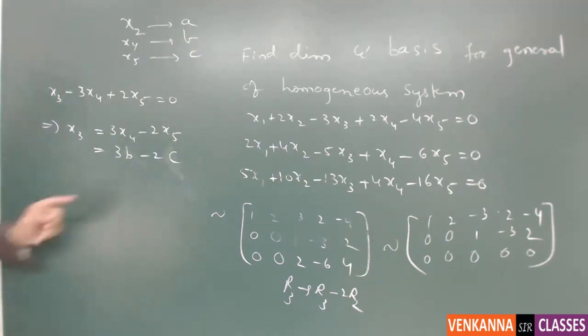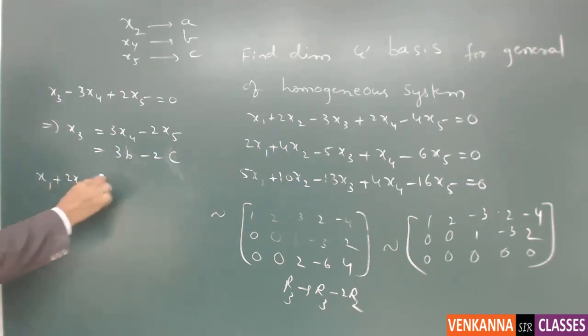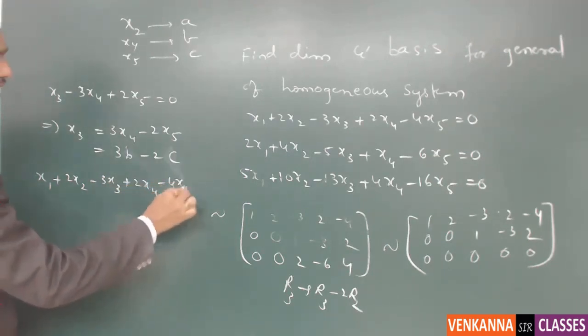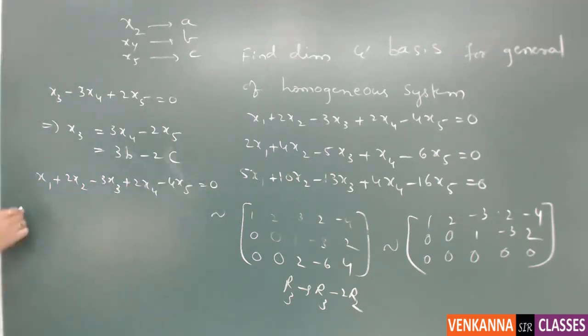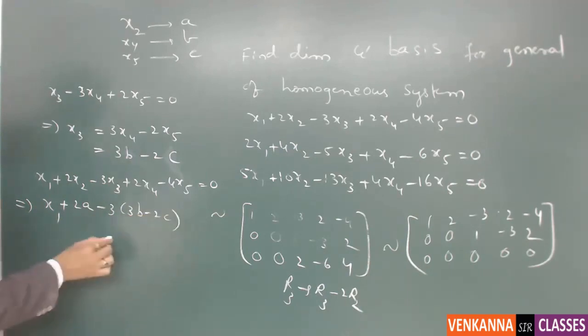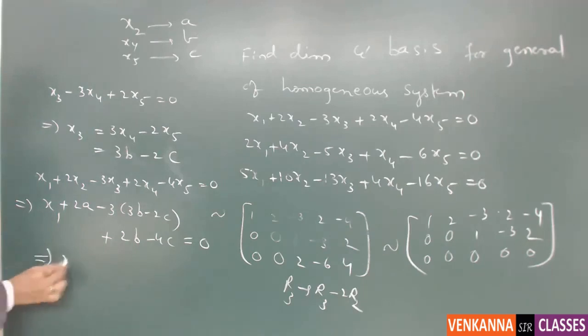So substituting the values in the first equation, x1 plus 2x2 minus 3x3 plus 2x4 minus 4x5 equal to 0. This implies x1 plus 2a, because x2 you have taken as a constant, minus 3 into (3b minus 2c) plus 2b minus 4c equal to 0. From this, x1 is equal to minus 2a, and could you give me the values of it?